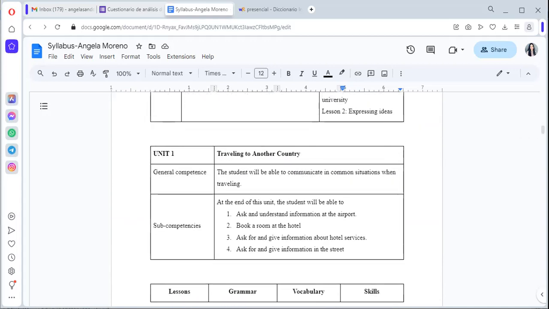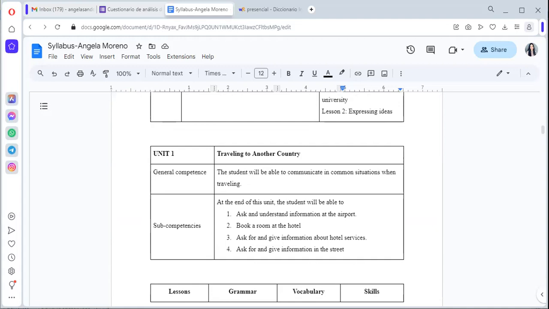Okay, Unit 1, which is the one that I developed, is titled Traveling to Another Country. The general competence is the student will be able to communicate in common situations when traveling.